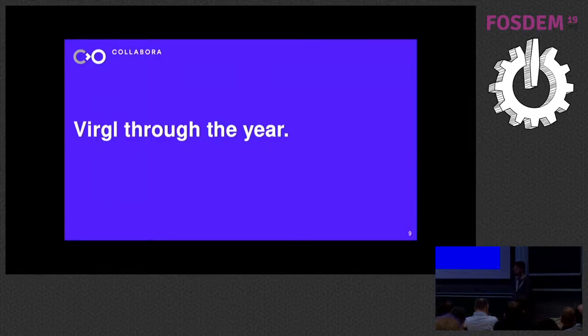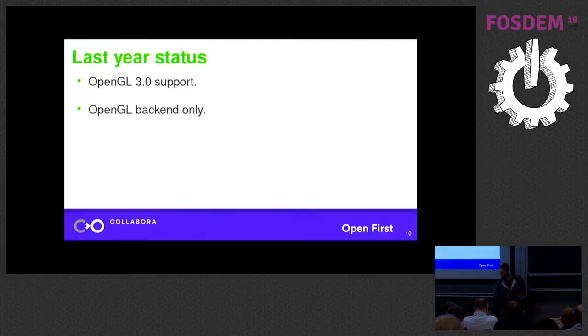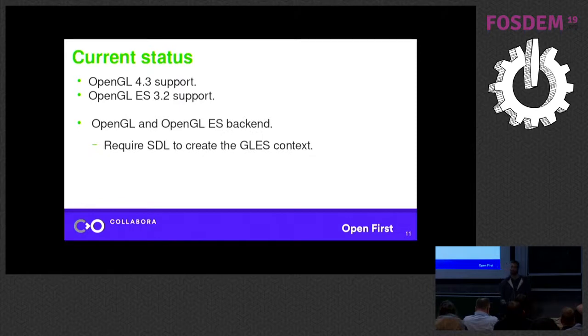Some evolution now. Last year we only supported OpenGL 3.0, and we needed to have a GL backend, so QEMU could communicate only with OpenGL, but now we support OpenGL 4.3 and GLES 3.2 on your guest, and on the host we support OpenGL and OpenGL ES backends.